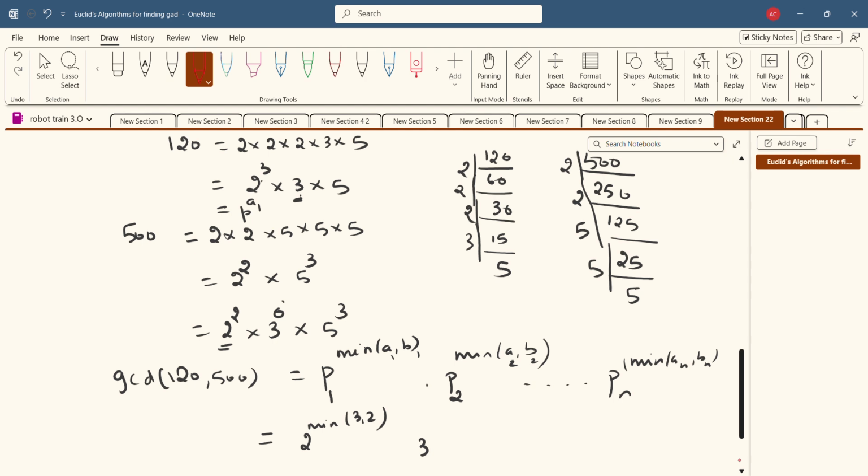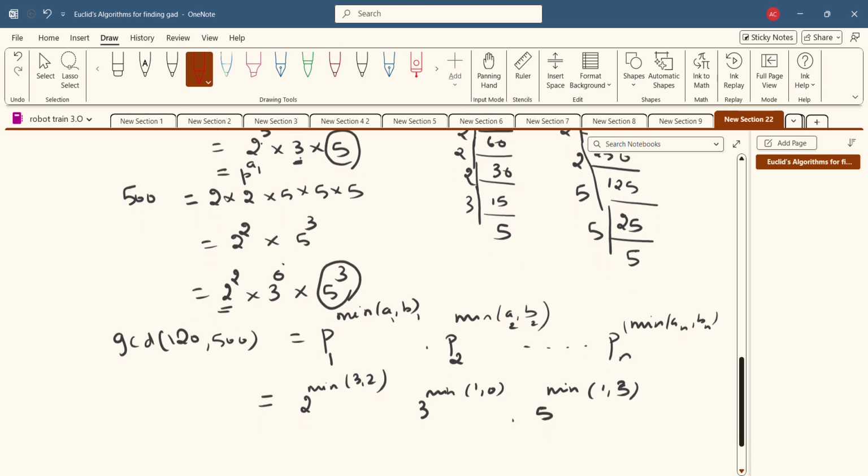Similarly, the next prime number is 3. The exponent of the prime number 3 in 120 is 1, and in 500 it is 0. So minimum of 1 comma 0. The next prime number is 5. The power will be minimum of 1 comma 3. The power in 120 is 1, and the power of prime number 5 in 500 is 3.